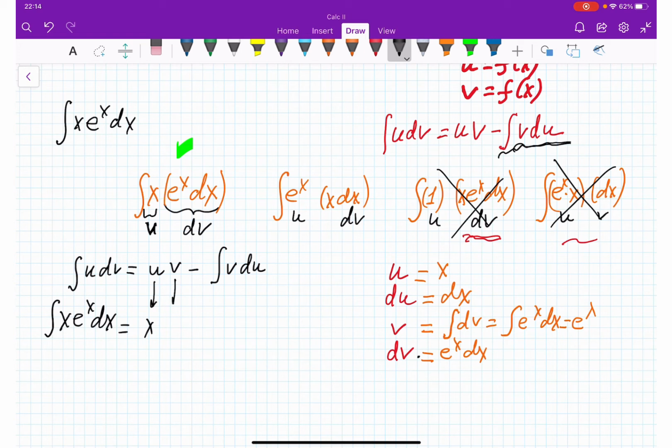Times v, my e to the power x, minus integral v, which is e to the power x, and du is going to be dx from this piece, right?